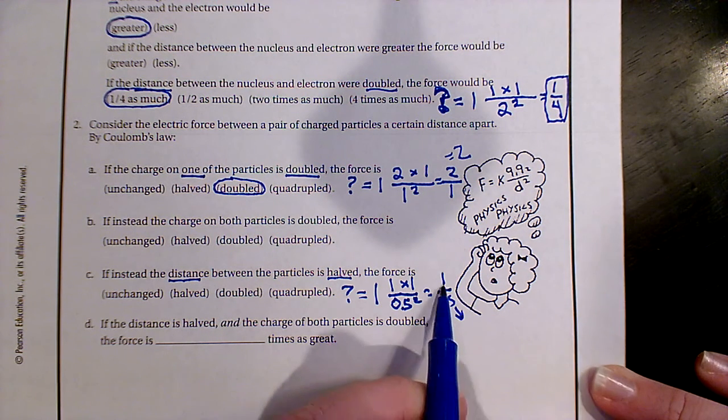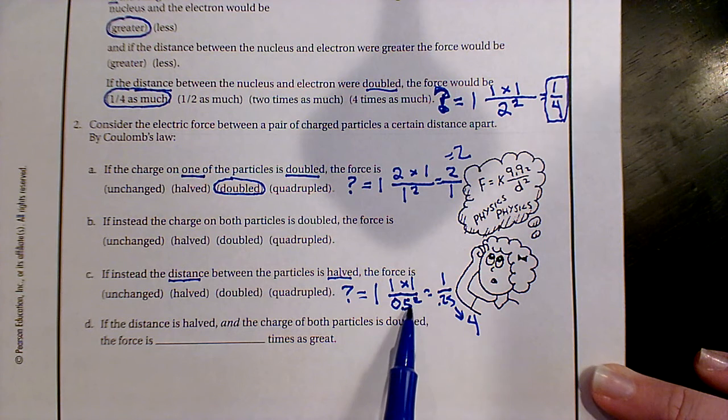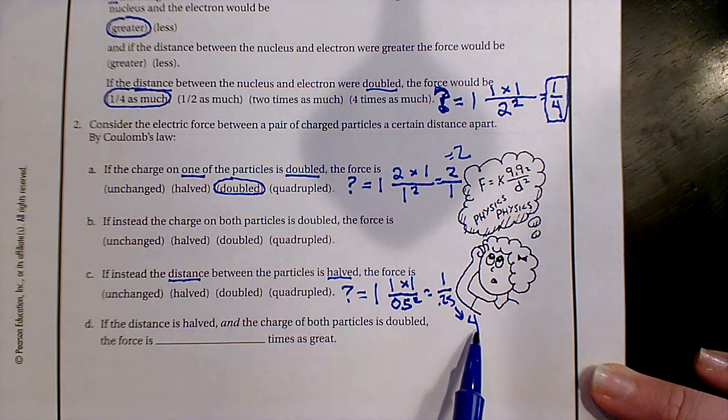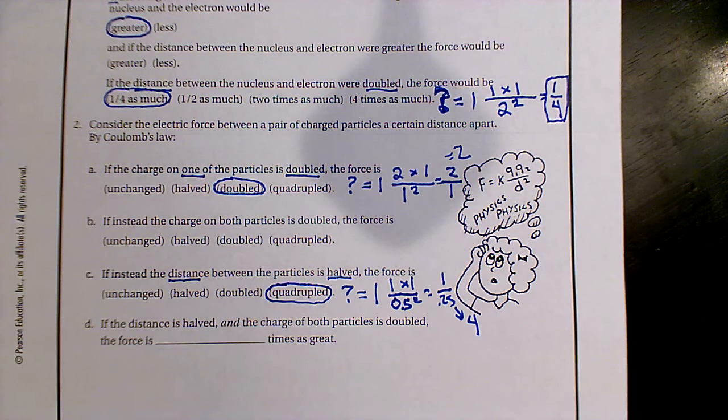Okay, so then 1 divided by 0.25 is 4. So that means if the distance is halved, the force of attraction between them would be 4 times bigger, or quadrupled. Okay, so go ahead and see what you think about that.